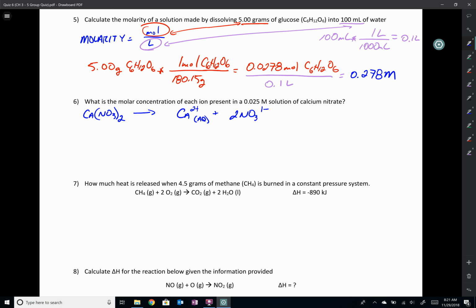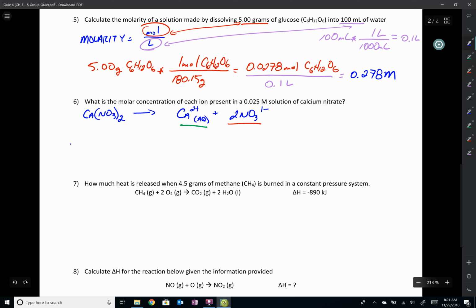And we're going to need to know this balanced equation to be able to answer this question. Because here's how this is going to work. We need to figure out how much calcium is in solution and how much nitrate is in solution. So we need to know the ratios. We need to know our balanced equation, so to speak. Here's how this is going to look.